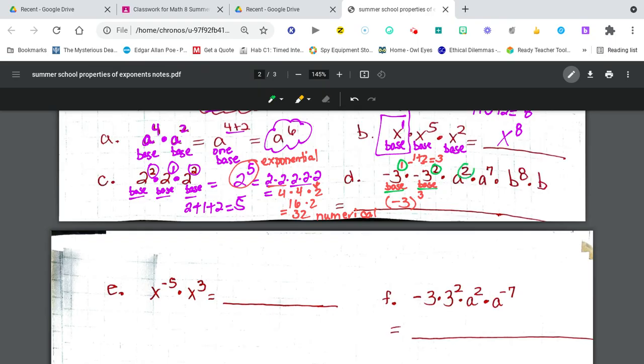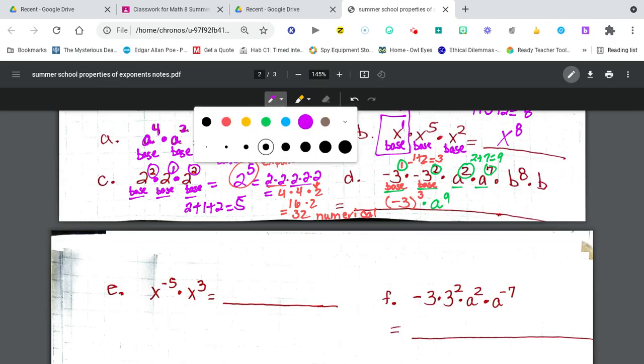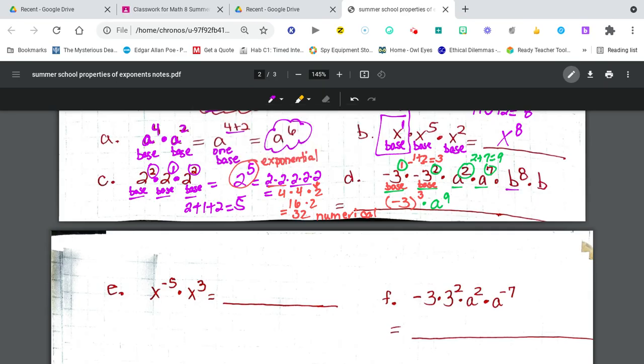Over here, I can put 2 with 7 because both of them are A. So I'm going to write 1A, and 2 plus 7 is 9. And then I can write 1B, and I would just say 8 plus an understood 1, which is 9. So B to the 9th power.